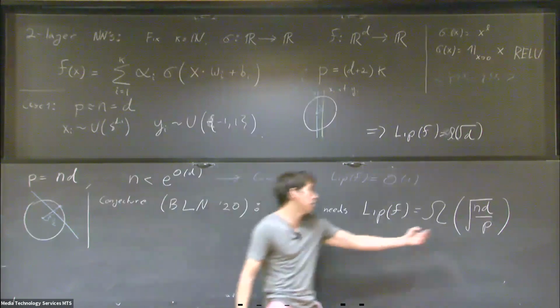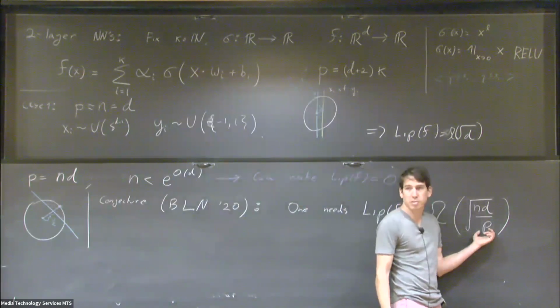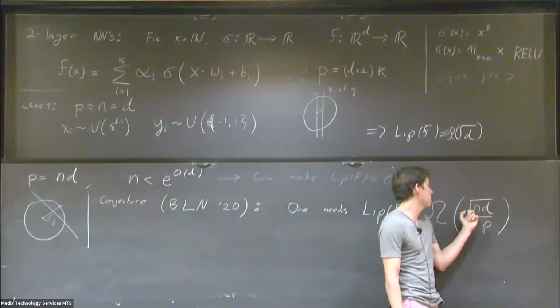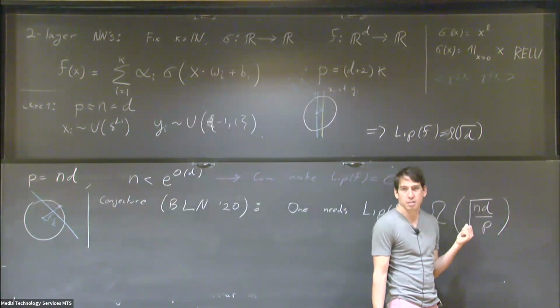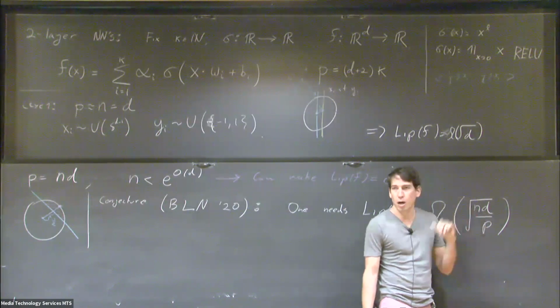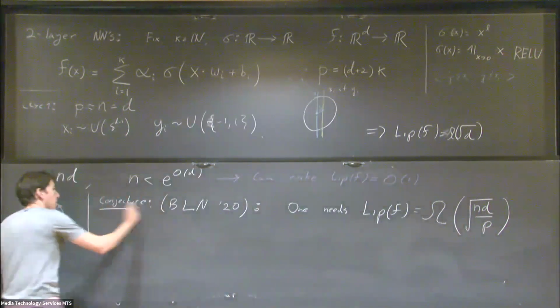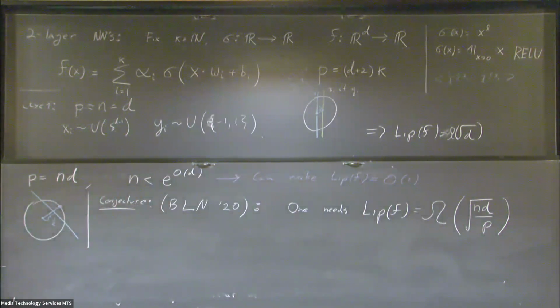So here, when p was exactly n, we had root d. When p was n times d, we had 1. And they conjectured that there's this interpolation in between. But what exactly is p formally when I'm not talking about neural nets?